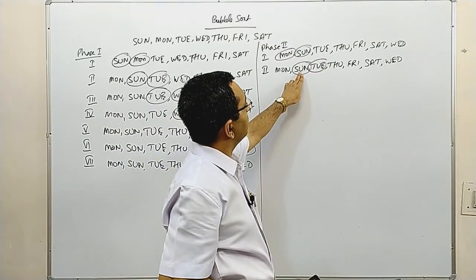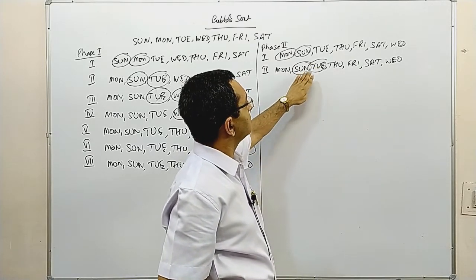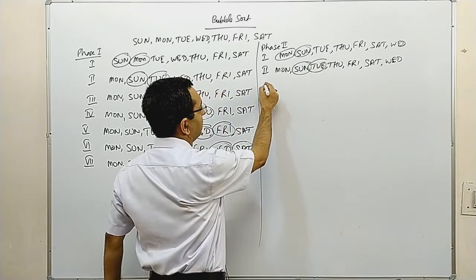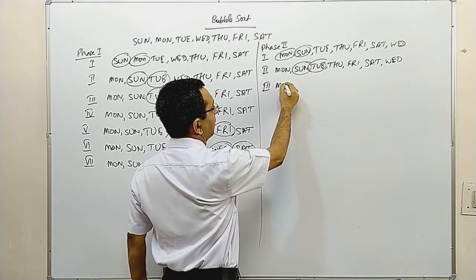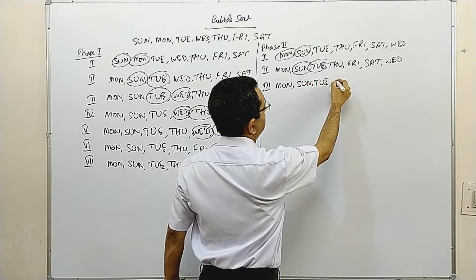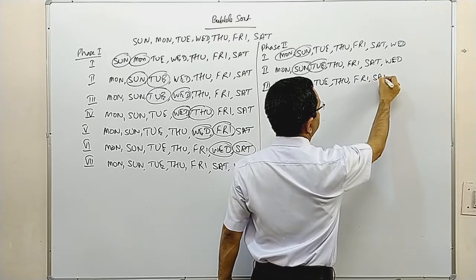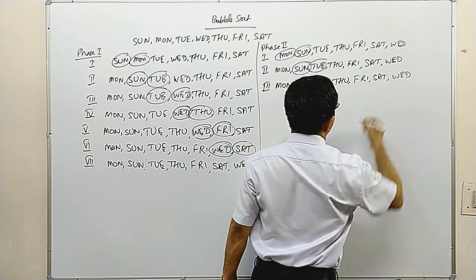Here T comes later in comparison to S, so it will remain the same. So step 3, now Friday, Saturday, and Wednesday.